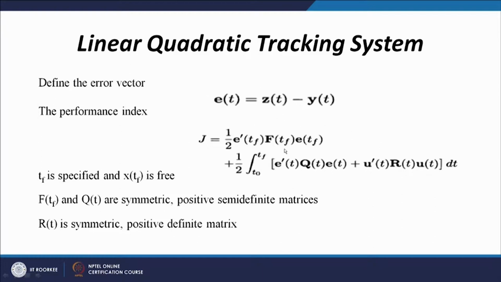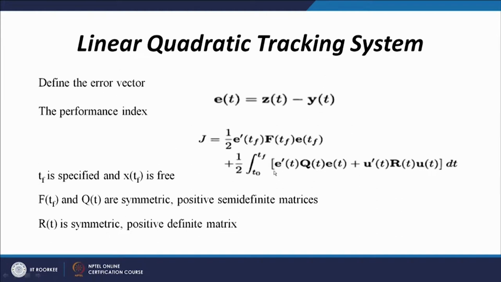So at the terminal time we are trying to minimize the error, and also over the time interval from T0 to Tf we are trying to minimize the error as well as the control effort, so that my output y t is as close as possible to z t.